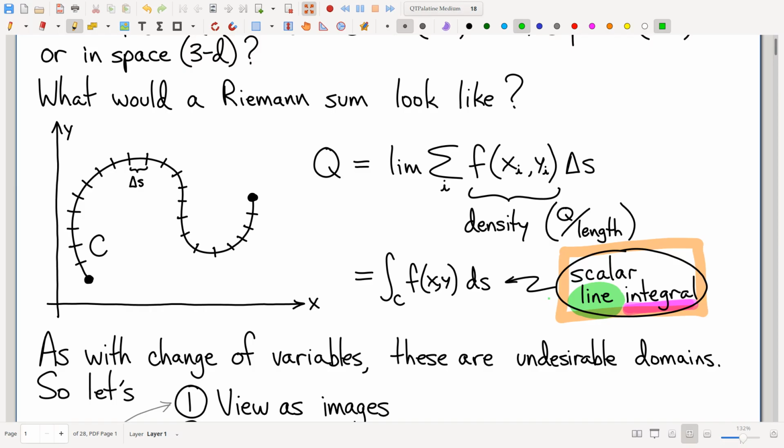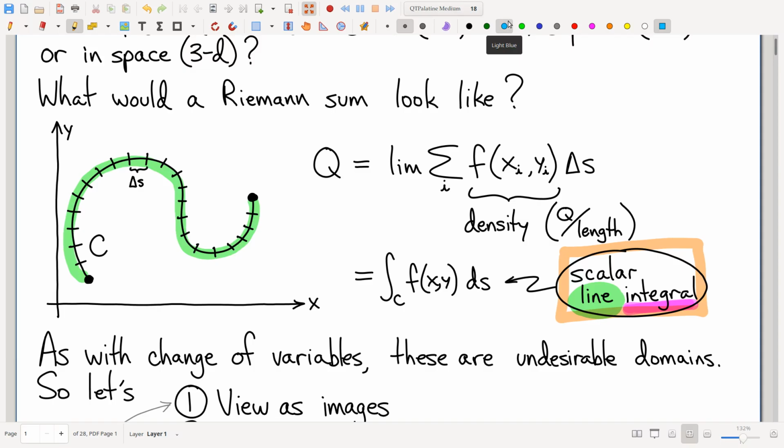But that's just not the term that's persisted. Some people, I appreciate, will refer to this as a path integral. That's a common-ish term, but frankly, line integral is more common. Okay. So the line part of the terminology is a reference to the nature of the domain.